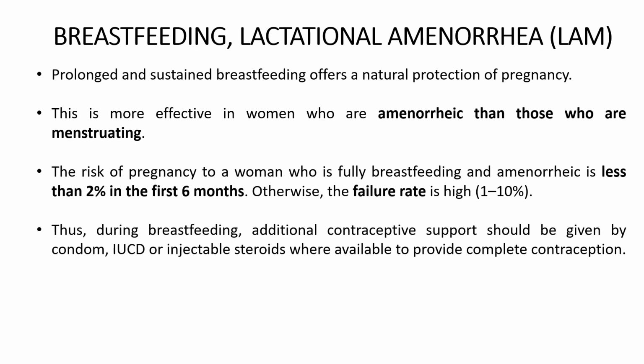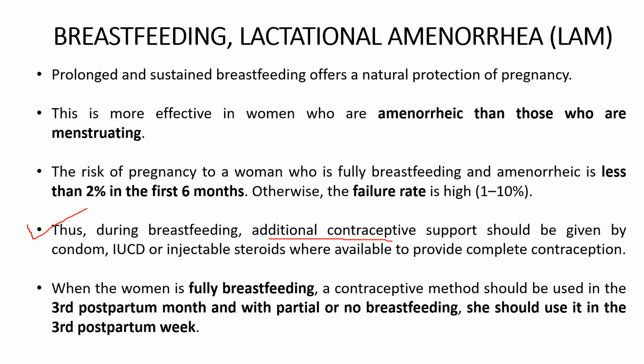Thus, during breastfeeding, additional contraceptive support should be given. So this point is important. Although we know that lactation gives a kind of protection, you never know; menstruation is not happening, but there may be ovulation, because ovulation precedes the first few cycles of menstruation. So it is required to use additional contraceptive methods, in the form of condom or IUCD, where available, to provide complete contraception.